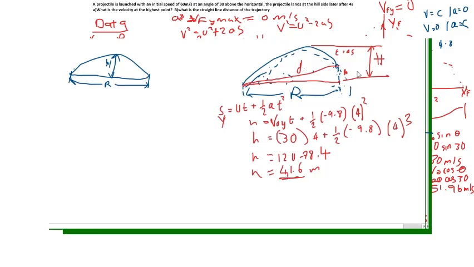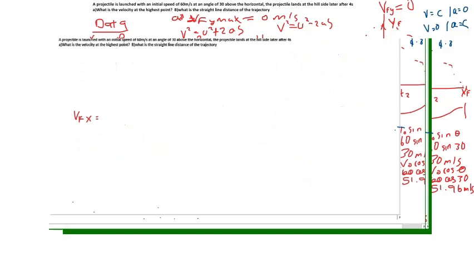This h here. So doing that, we can now use our triangle or Pythagorean theorem, where this will be our d, the one we are looking for. Then height we know is 41.6. Then this is the range we found. Let me check my calculations there.